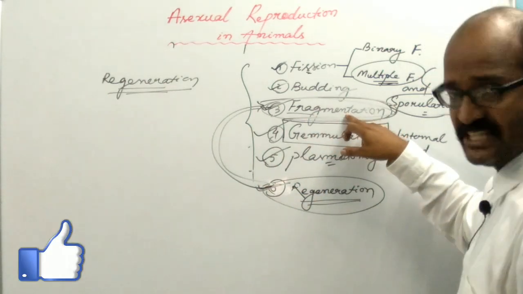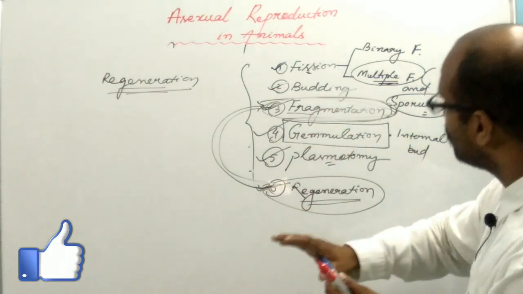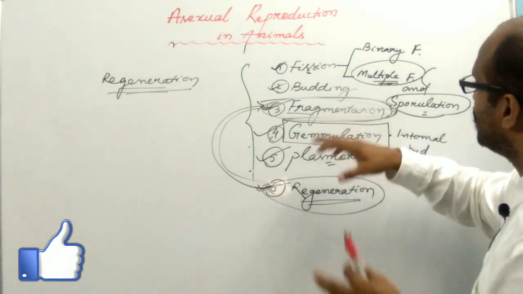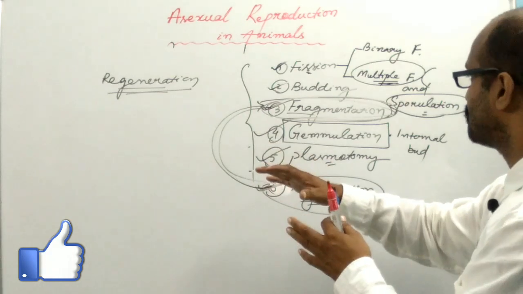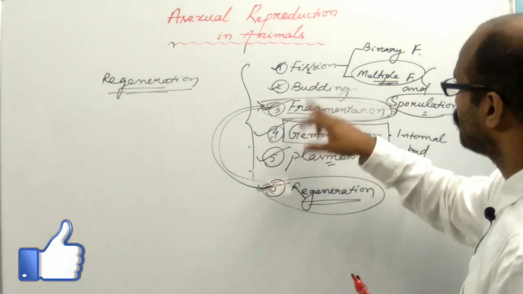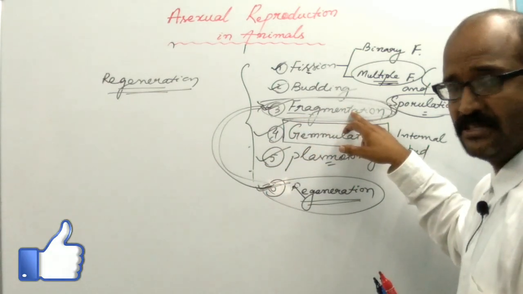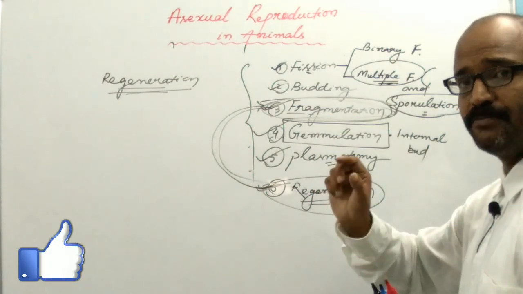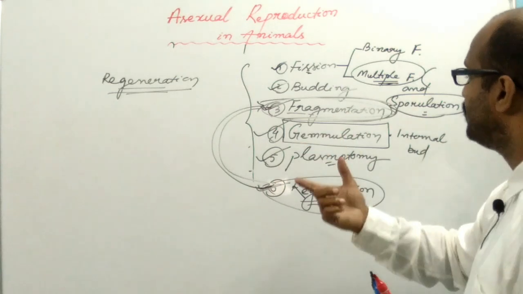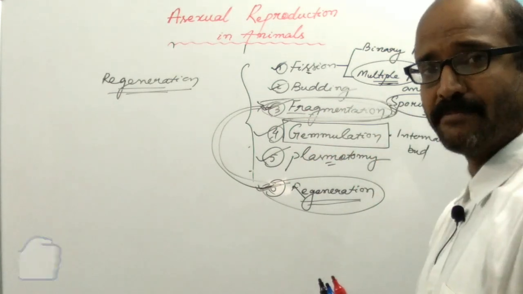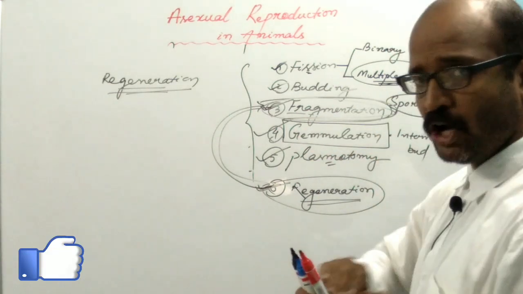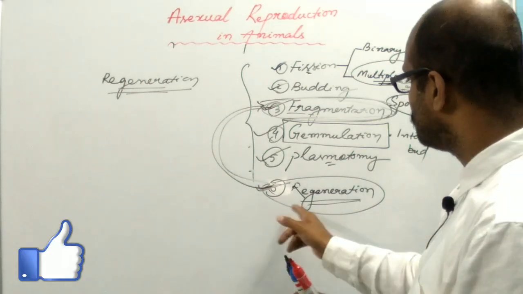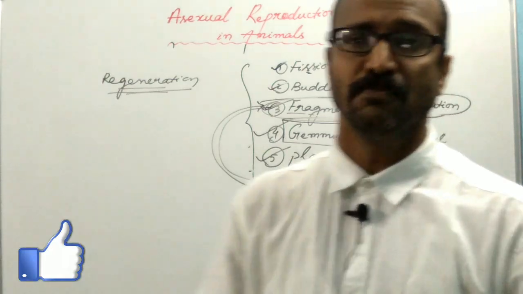But some workers report that if some lost portion is generated, then it is also known as fragmentation. But actually fragmentation means if a piece of body generates into a new individual, which is known as the fragmentation process. If the lost part or cut portion is generated, this is known as the regeneration process.